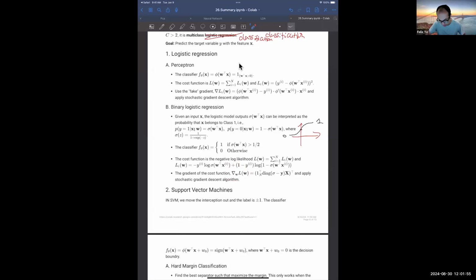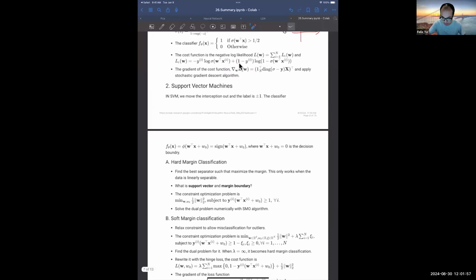Next, we talk about the support vector machine, SVM. In SVM, we move the intercept out and change the labels from 0 and 1 to +1 and -1. There are no fundamental changes here.